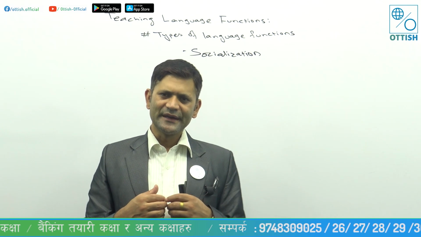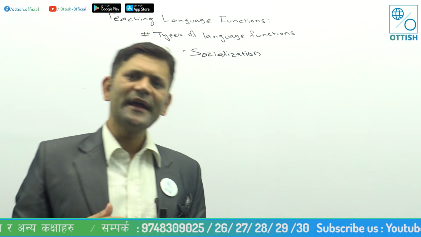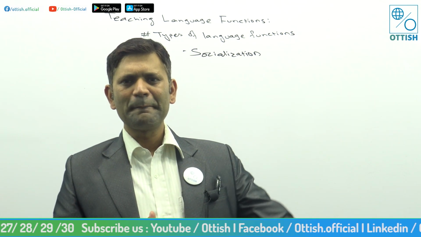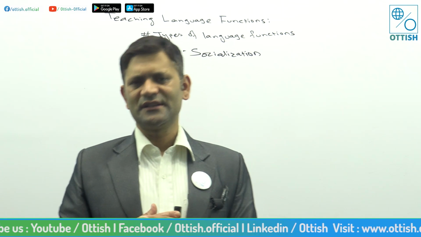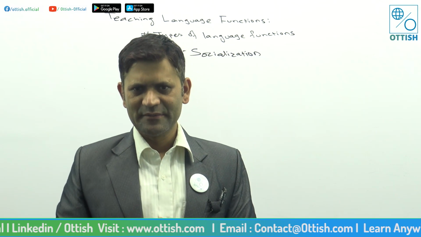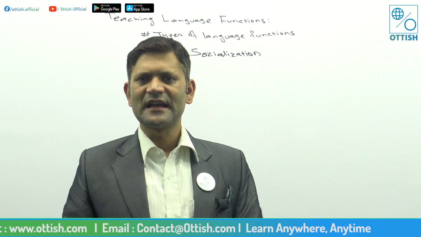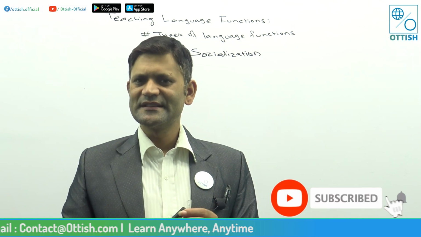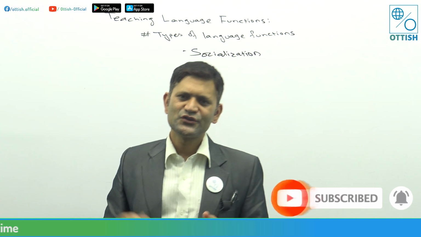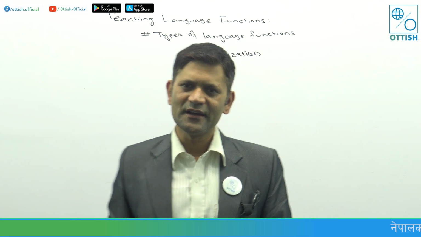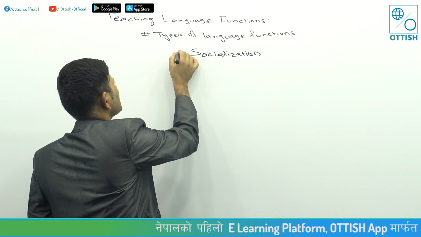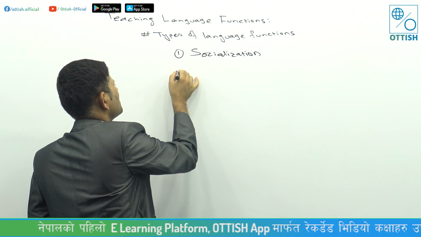Using language is a way of being familiar with others, a way of maintaining courtesy with others, or a way of getting other sentiment. That is called socialization. I discussed all the other functions that come under socialization functions in the earlier video. And here now I focus from the second one, that is what?